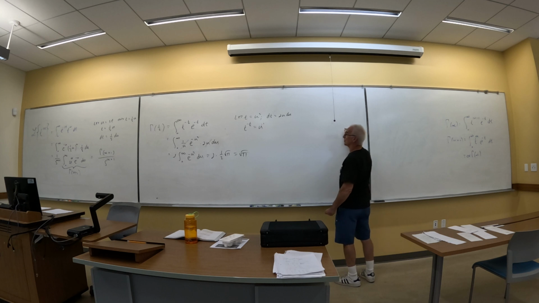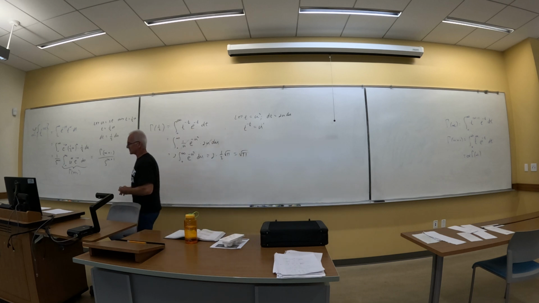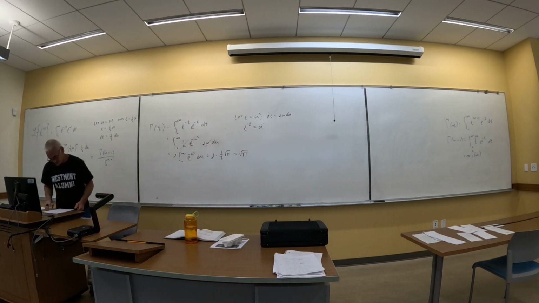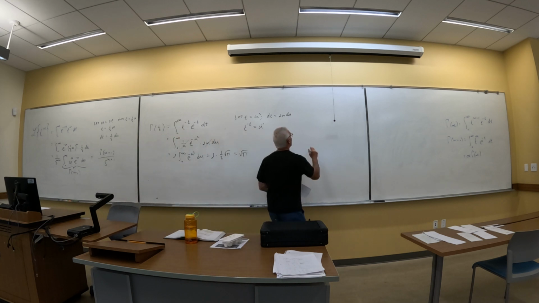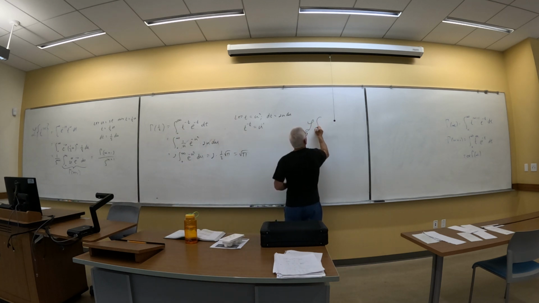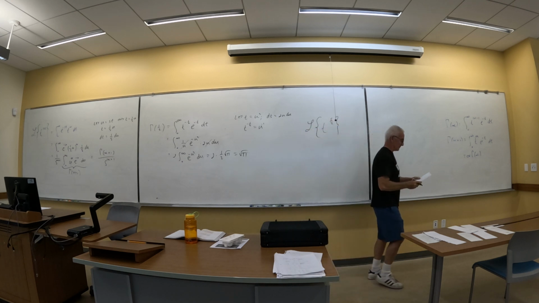I would like to do, how about, let's see, which one do we, hold on, I wrote myself in here. I want to do, oh, here we go. I want to do the Laplace transform of t to the 5/2 power.